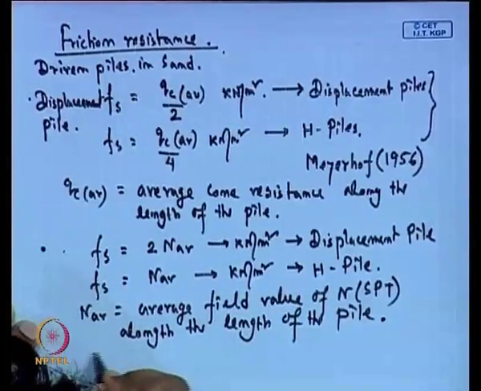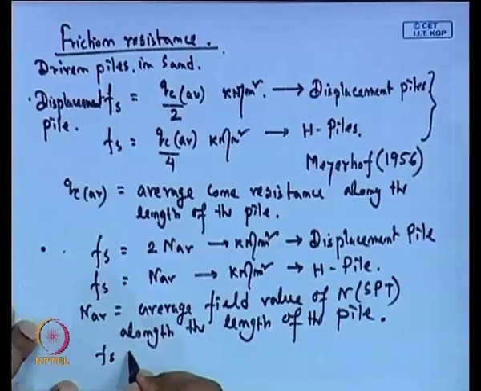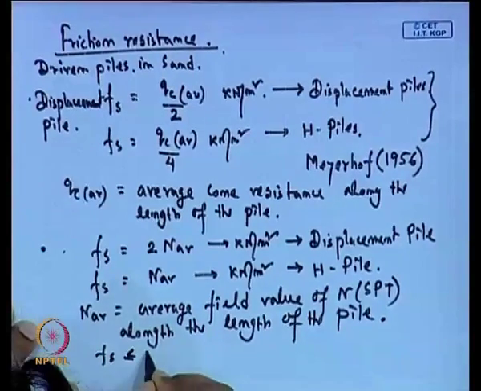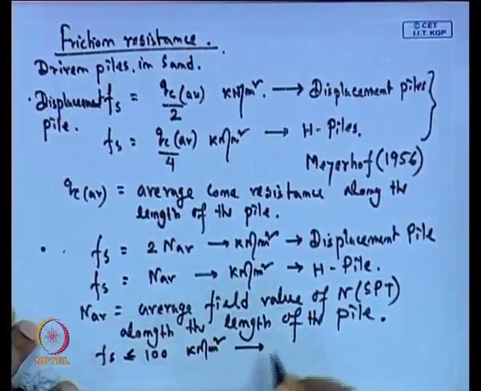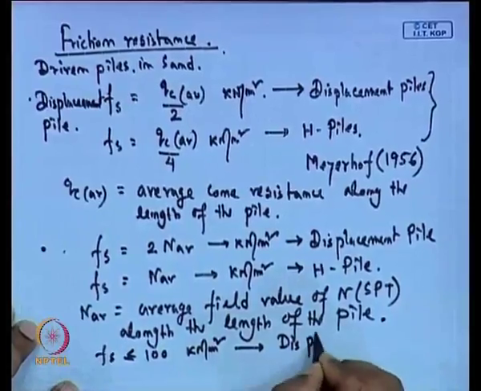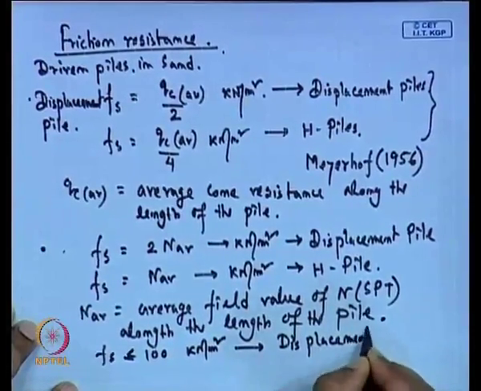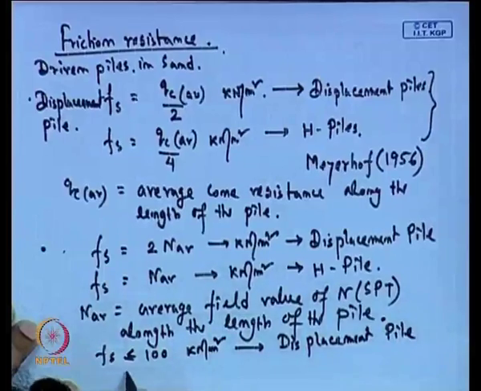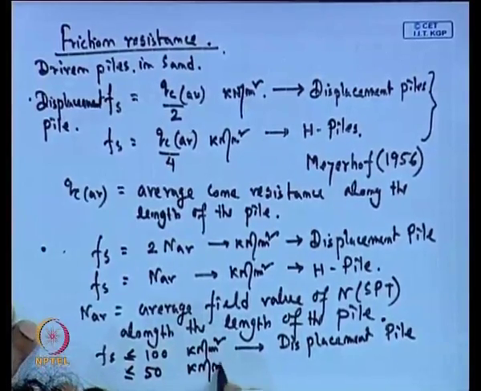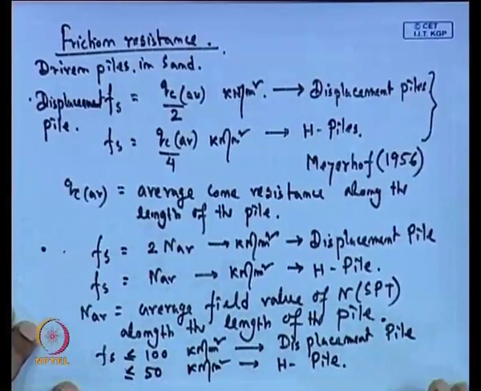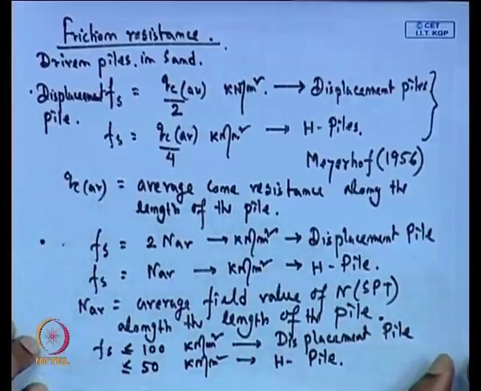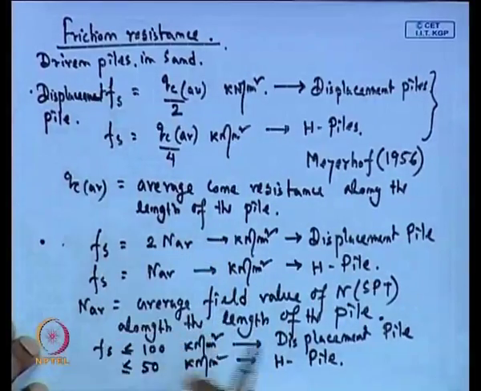Similarly, for the displacement pile, f_s is less than or equal to 100 kilonewton per meter square, and that is less than or equal to 50 kilonewton per meter square for the H pile. So, these are the other two conditions. These are the expressions for the driven pile in the sand.